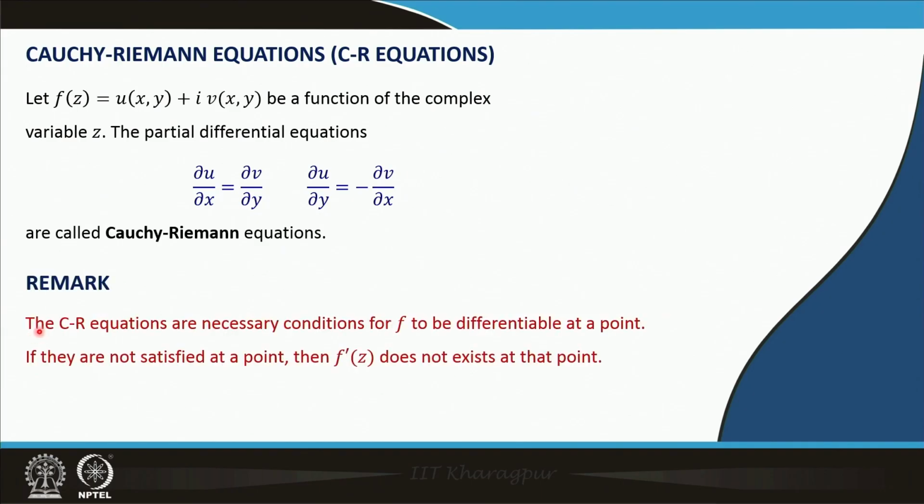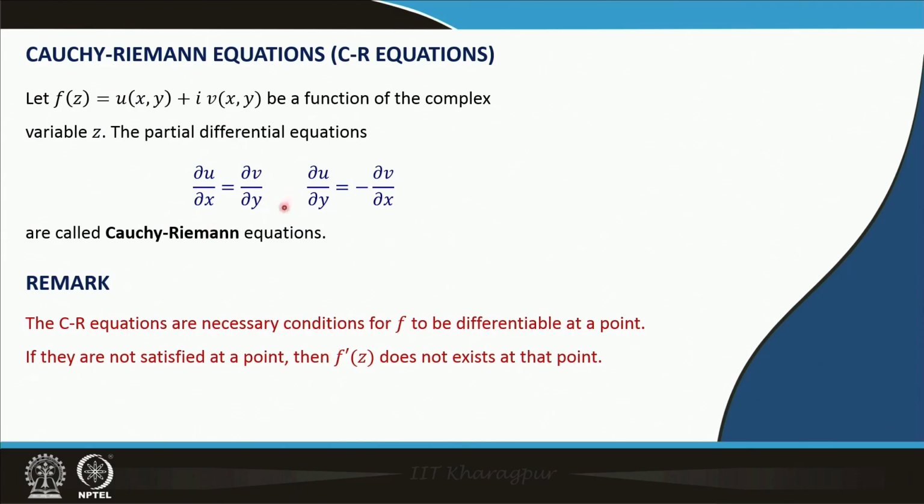And then what we have learned in the previous lecture, the CR equations are necessary conditions for f to be differentiable at a point, and if they are not satisfied at a point, then the derivative f'(z) does not exist, because these are necessary conditions. But if they hold, then we cannot say whether f' exists or not, that we have to check, because these are necessary conditions, not sufficient conditions.